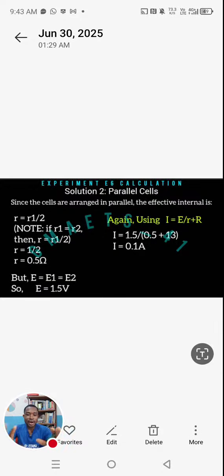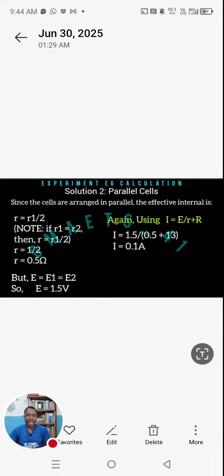With these parameters, use the formula I equal to electromotive force all over internal resistance plus external resistance, where that capital letter R is the external resistance, the resistance of the bell. With that, substitute your values. The current I will now be equal to the value of the electromotive force E, which is 1.5, all over, open bracket, internal resistance, small letter r is 0.5, plus external resistance, which is the resistance of the bell, capital letter R, is 13.